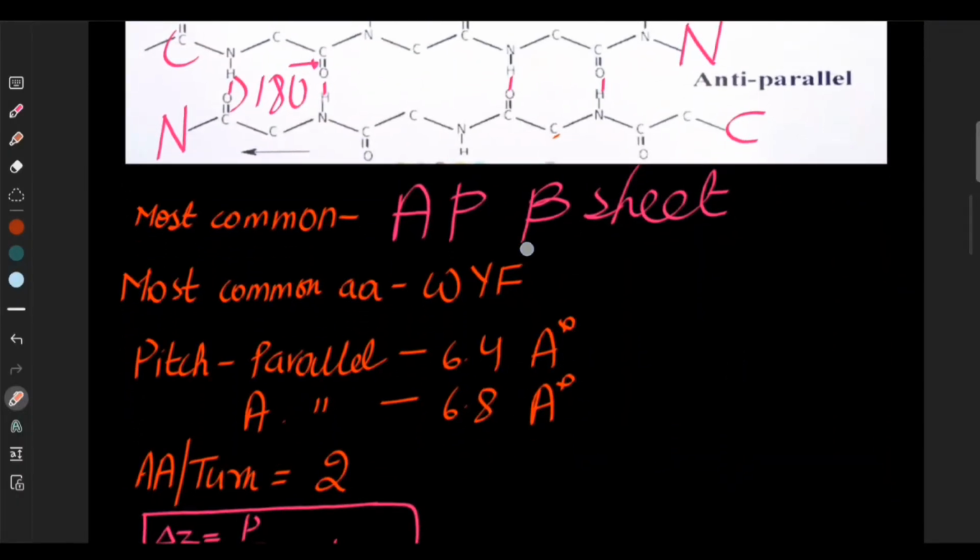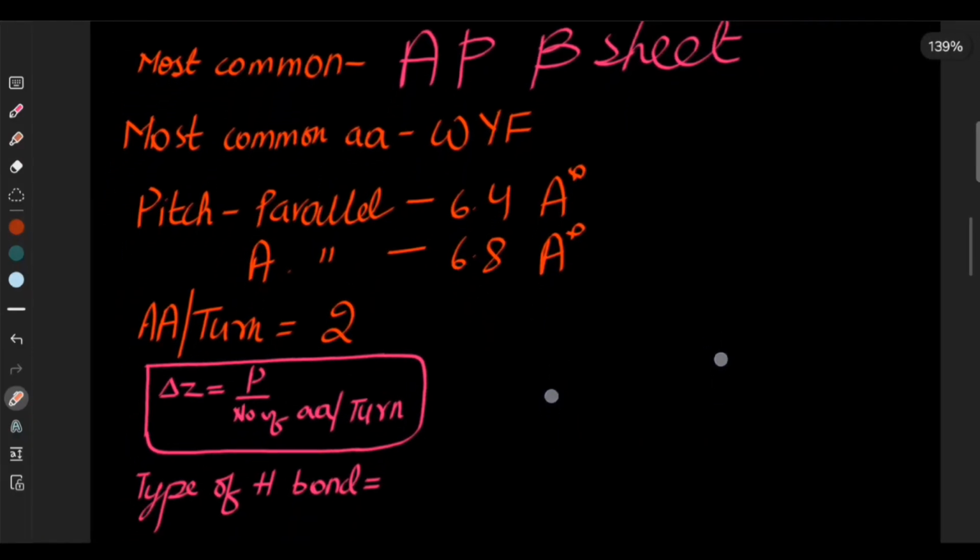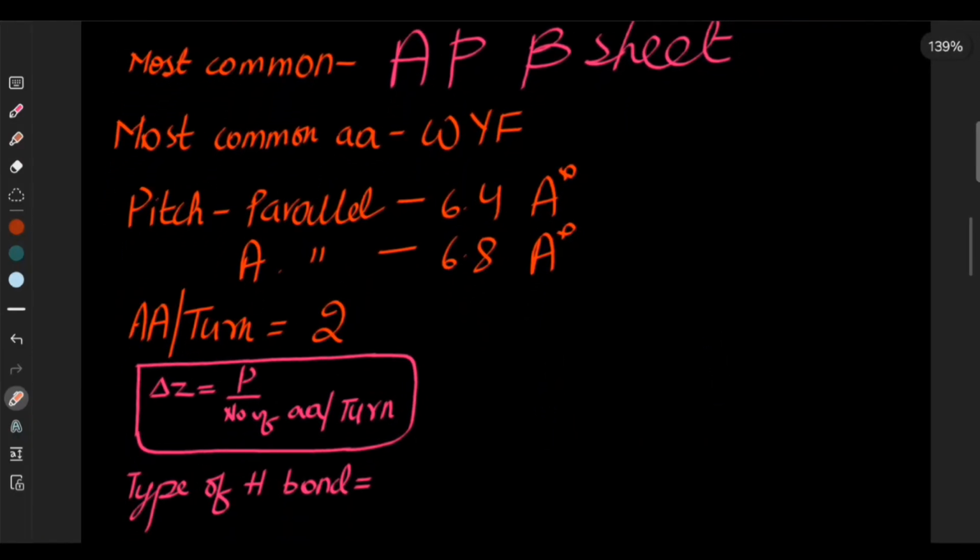Now let us see what are the major common amino acids which favor beta sheet. They are tryptophan, tyrosine, and phenylalanine, right? Now we have some other details to know as well.